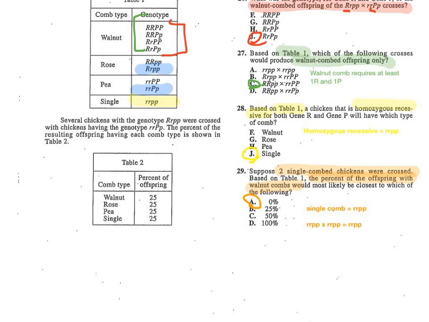Well, if you recall from before, in order to be a walnut comb, they have to have at least one dominant R gene and at least one dominant P gene. If two single comb parents were to reproduce, there's no way they could pass on either of those dominant genes. So that being said, the only plausible answer is 0%.